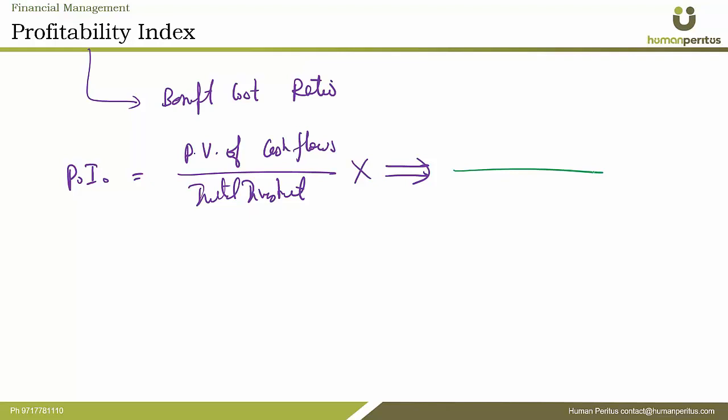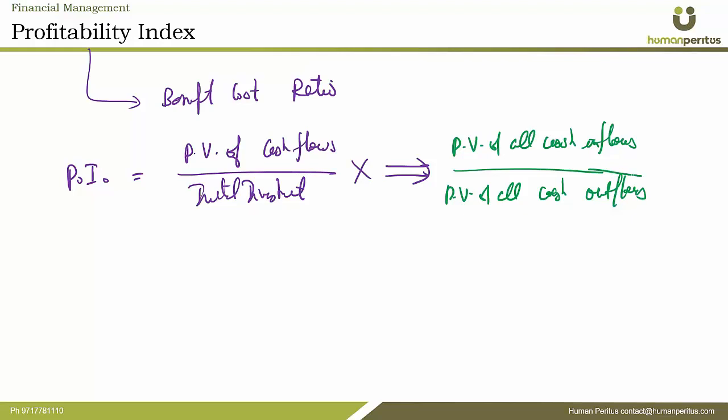The correct definition is the present value of all cash inflows over the present value of all cash outflows. This is my profitability index. For example, if my project is at 0, 1, 2, I'm investing minus 20, then I get 70, then I get maybe 10, and suppose my discount rate is 12%.